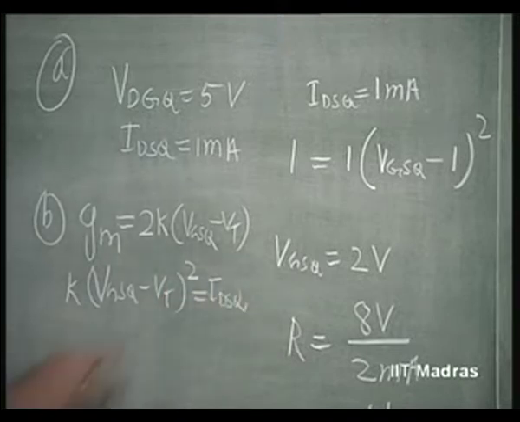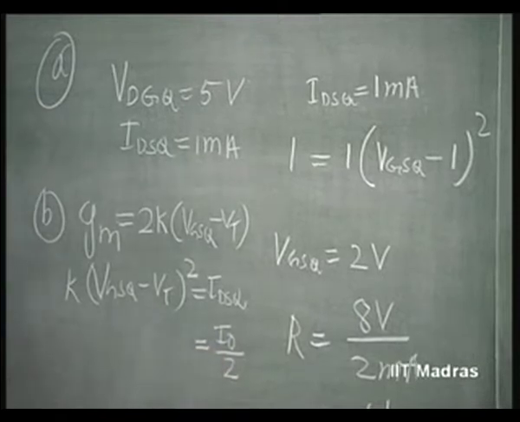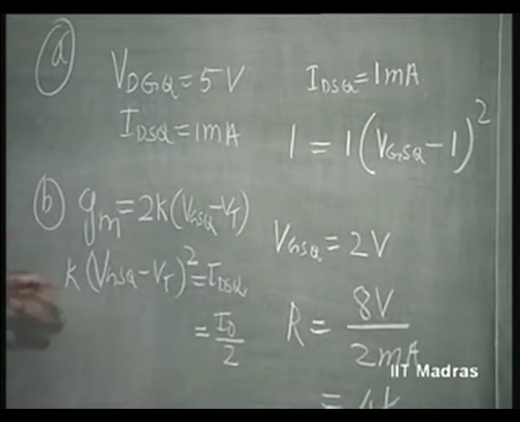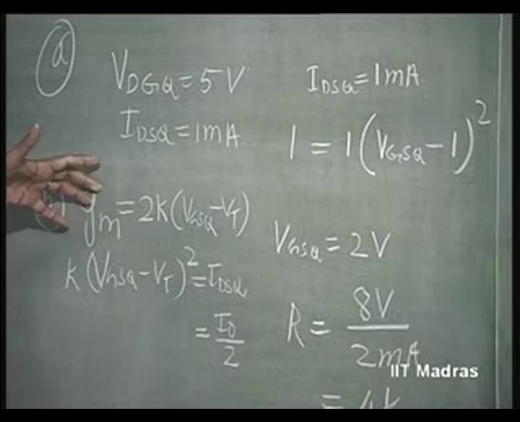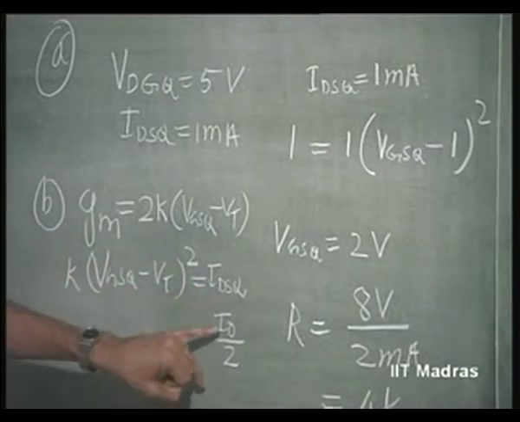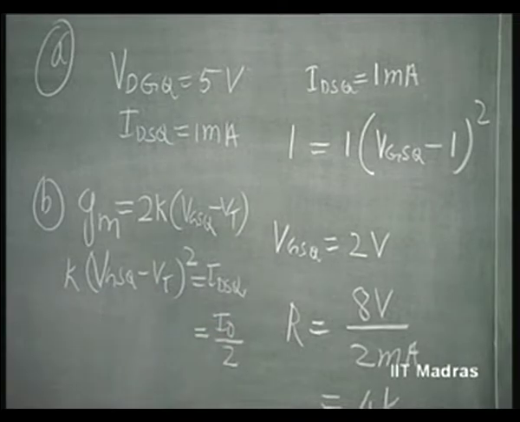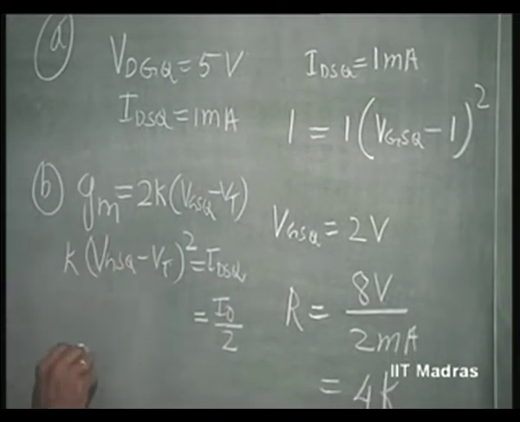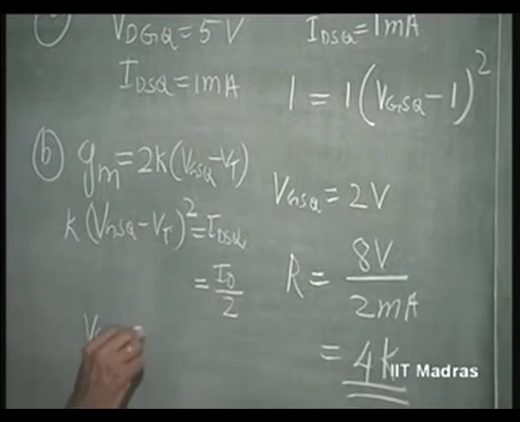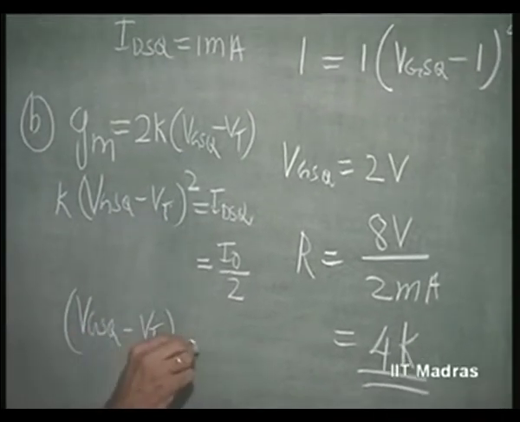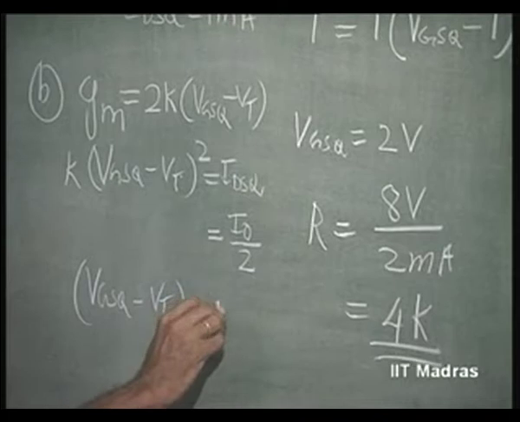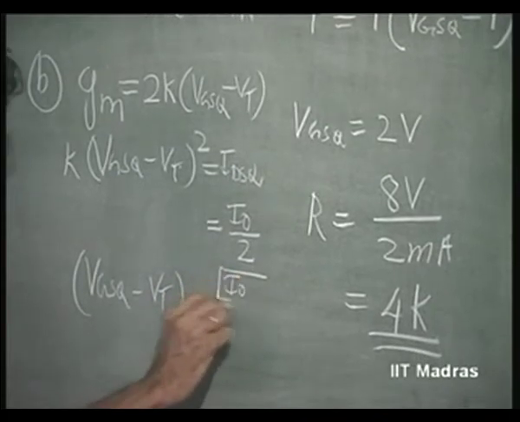So, strictly speaking, in this case IDSQ is always equal to I naught by 2 for the differential amplifier. So, I would like to express gm of a differential amplifier in terms of I naught. That means VGSQ minus VT is equal to root of I naught by 2K.